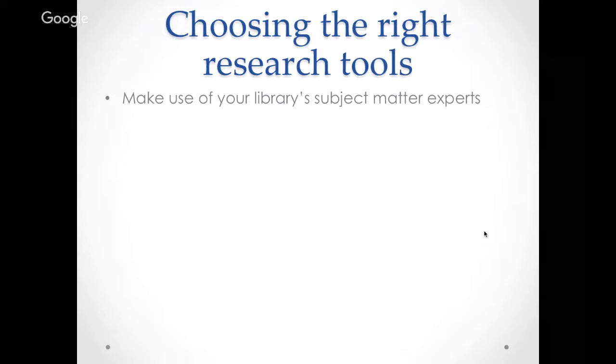So that is the first resource that I would suggest that you make use of if it's available to you. These people are paid to help you and they love research. They are so knowledgeable in their areas, and so they are an excellent resource for you.